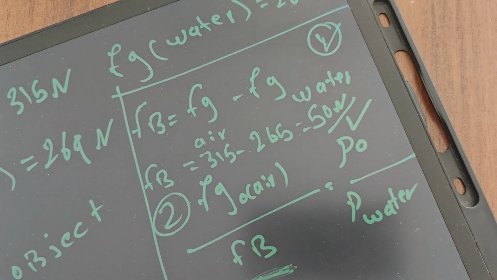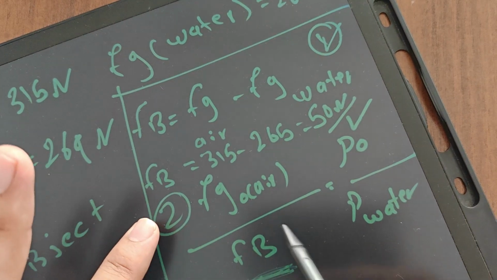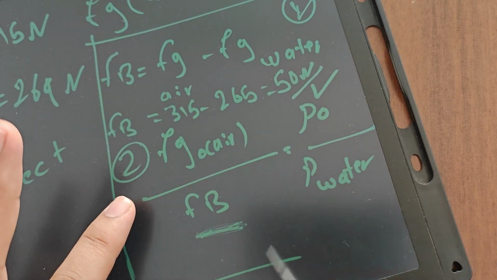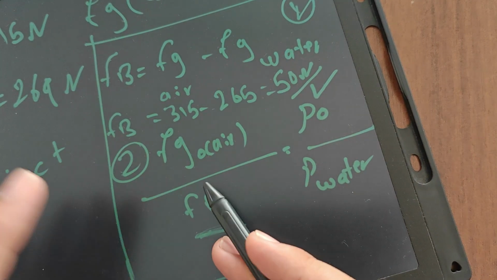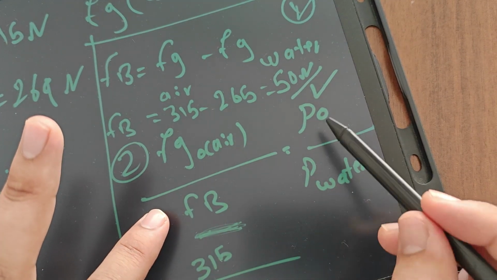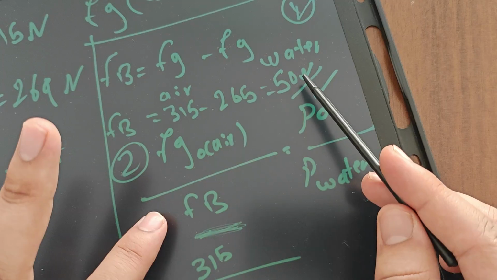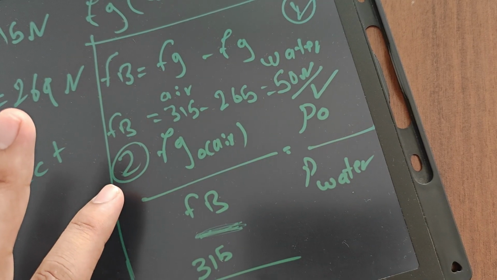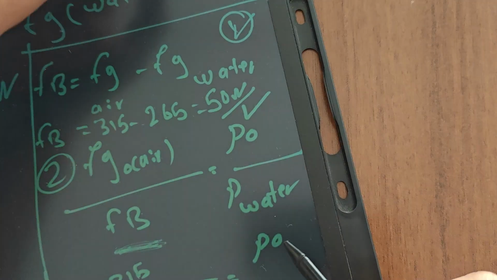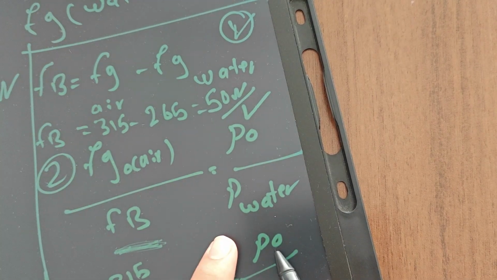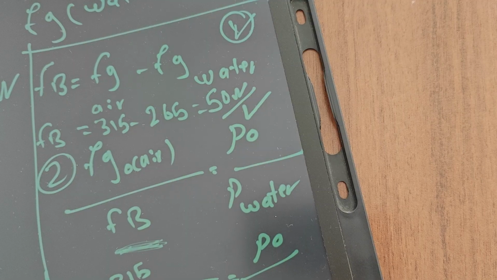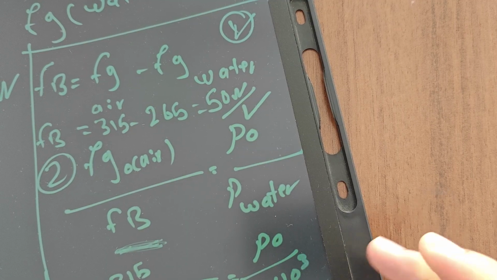So you can immediately use this rule to find the density of this object. Fg of the object in air we have 315, and the buoyant force we found in the previous step is equal to 50 Newton, equal to the density of the object over the density of the water, and we always know that is 1 times 10 power 3.